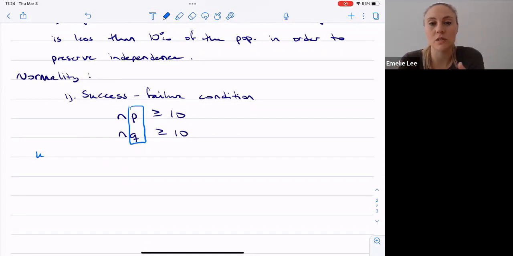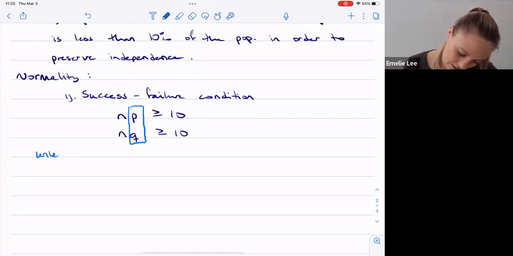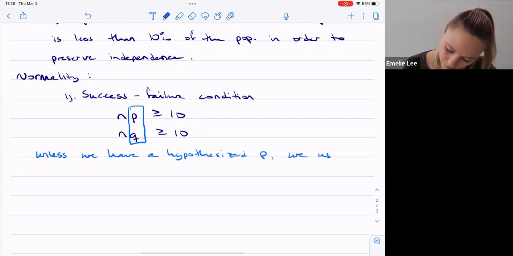So then you would use that. And that can get confusing, right? If you're doing a hypothesis test, then the conditions that you check are slightly different, but we'll outline that. Okay, and so unless we have a hypothesized p, we use p hat instead.